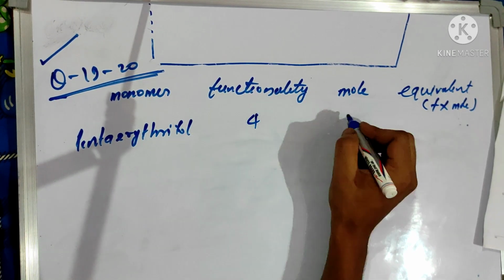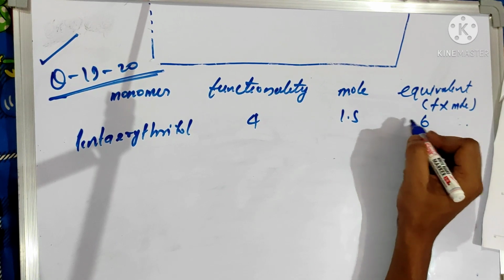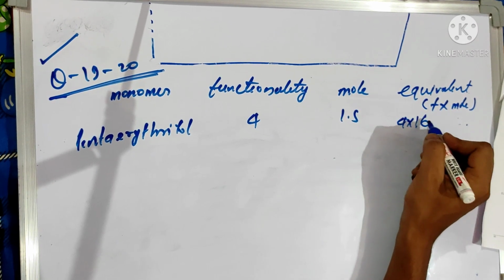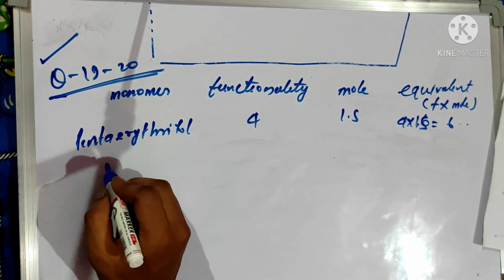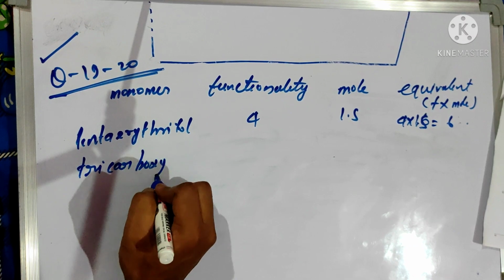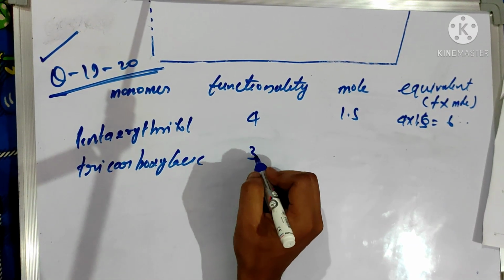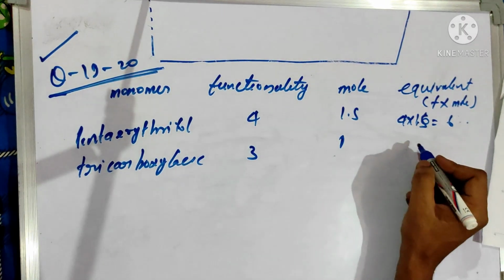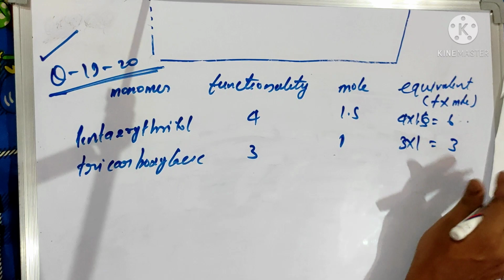Functionality is equal to 4, mole is equal to 1.5, then equivalent is equal to 4 into 1.5 is equal to 6. And second is tricarboxylic acid, whose functionality is equal to 3, mole is equal to 1, and so their equivalent is equal to 3 into 1 is equal to 3.